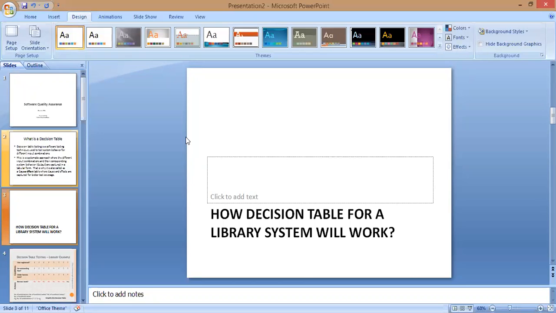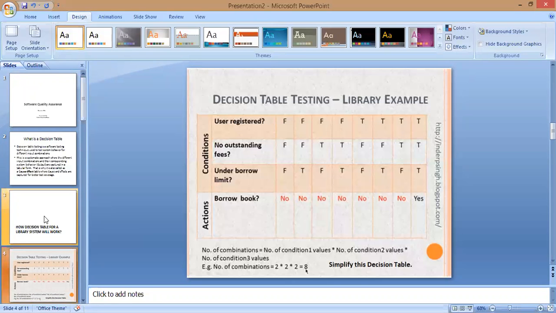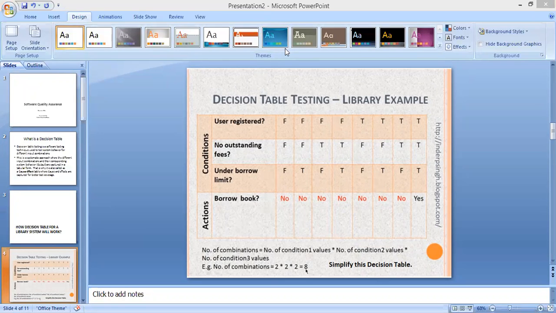Now, how will a decision table for a library system work? We have taken an example of a library system over here. This is how a decision table basically looks like. Over here, we write the conditions. That is, for a particular requirement, what are the conditions that have to be true in order to test that particular requirement?